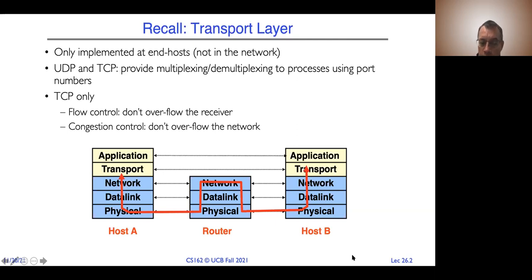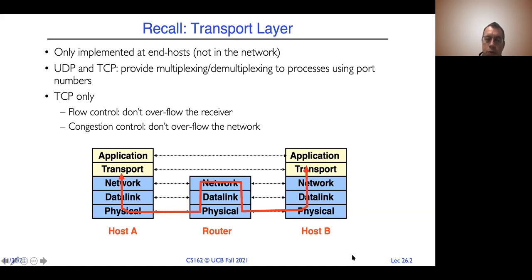Now, the transmission control protocol, which is the one we are going to talk about mostly in this lecture, is providing two additional services: flow control, which we talked a little bit about at the end of the last lecture, but I'm going to start again talking about it. We have more time during this lecture, and it's a very important topic. And congestion control.